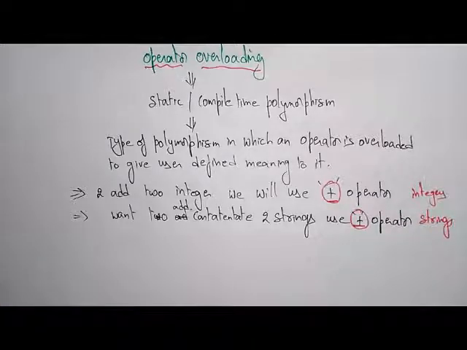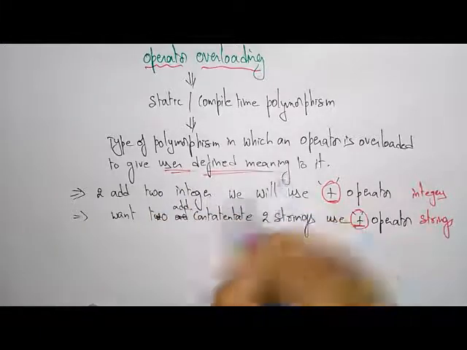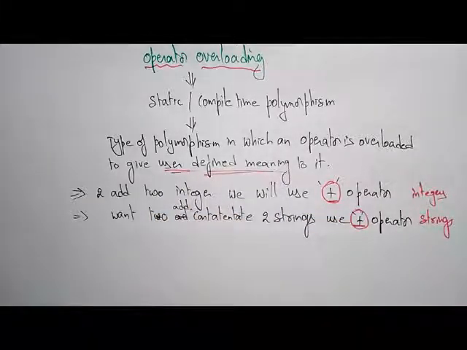An operator is overloaded to give user defined meaning. To use user defined meaning, we use this operator overloading. C++ programming allows the programmer to redefine the meaning of an operator when they operate on class objects. So this you call an operator overloading.